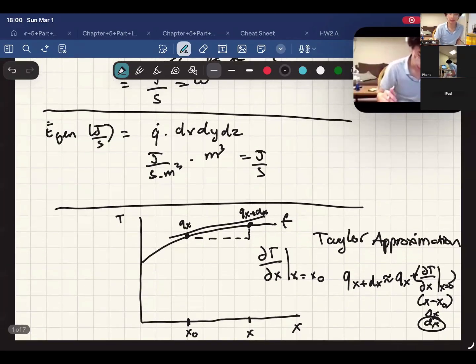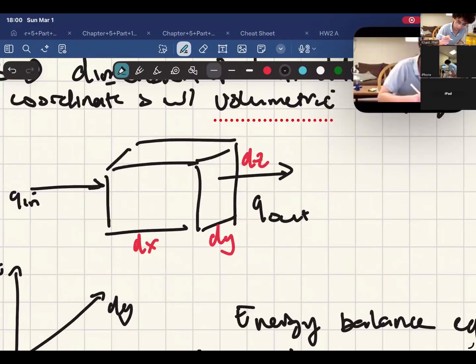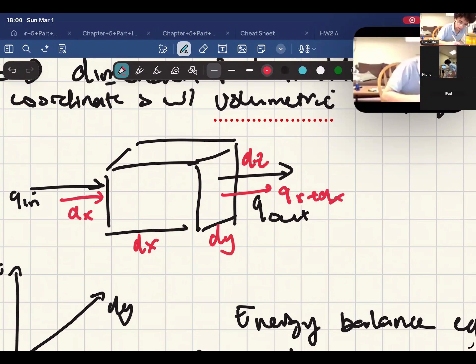So now we need to find the heat flux, and let's go back to this. Heat enters through the x coordinate this way, x coordinate in this direction. Using a different color, it goes through qx, and I'm just gonna write this as an example, x plus dx, and then qx.